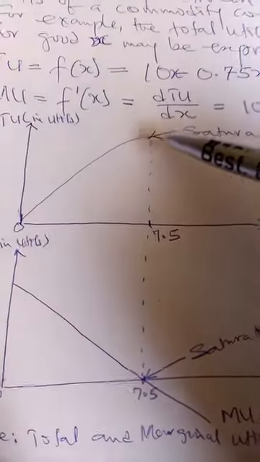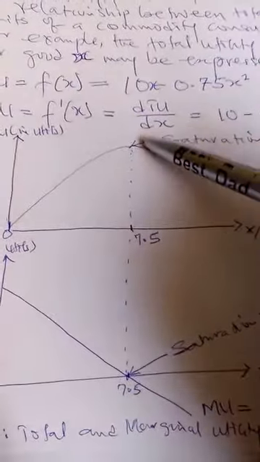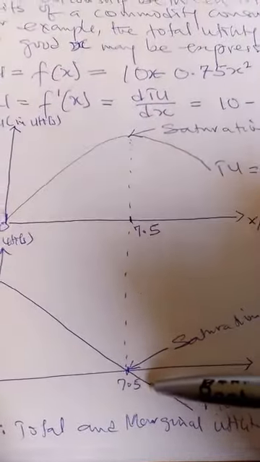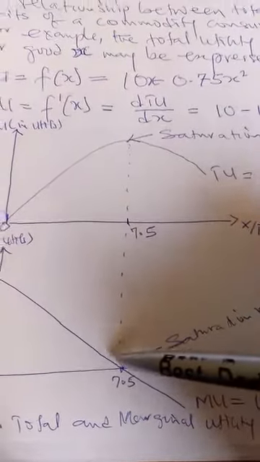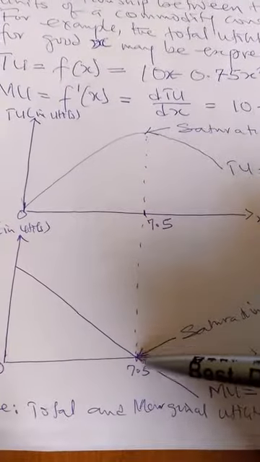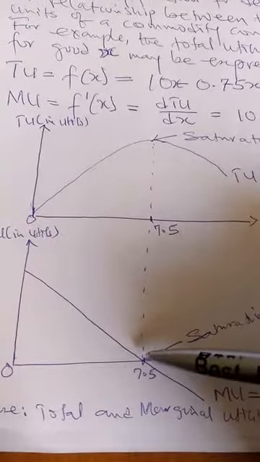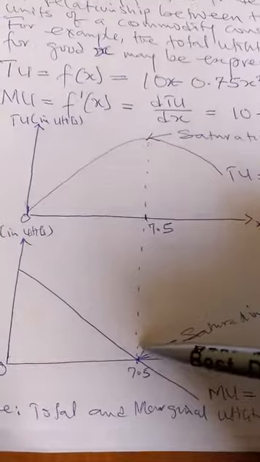You know, when the consumer is at maximum total utility, the marginal utility will be at 0. At this point, the marginal utility is 0, even though you are seeing 7.5 here. 7.5 stands for the S per unit of time.